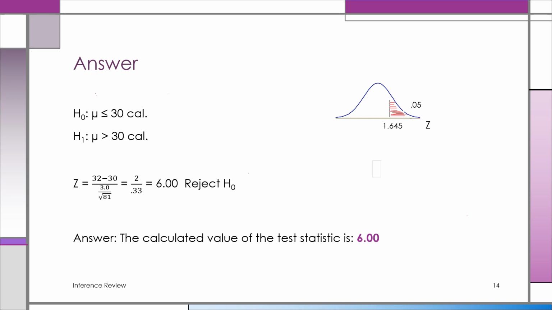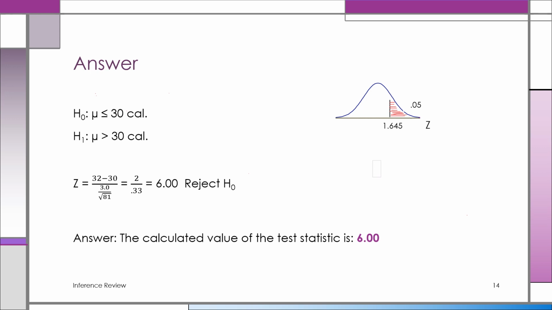And we use the formula, again, from your formula sheet, for z: x bar minus mu divided by s over the square root of n. And you end up with a calculated z value of 6. Wow, 6. That's a whopping z value, and it's way over to the right, way into the region of rejection.